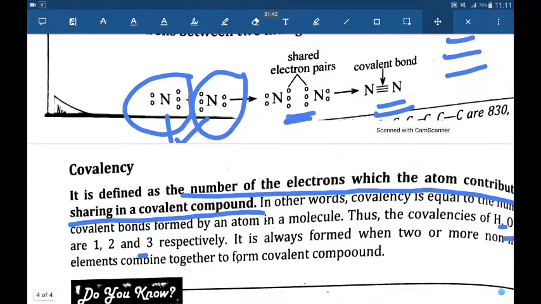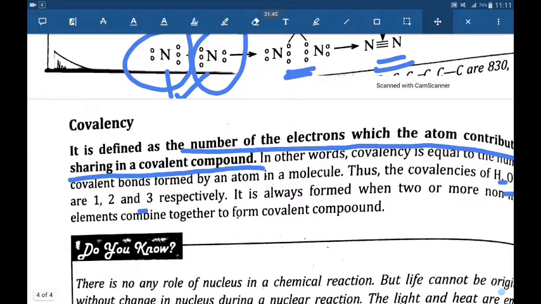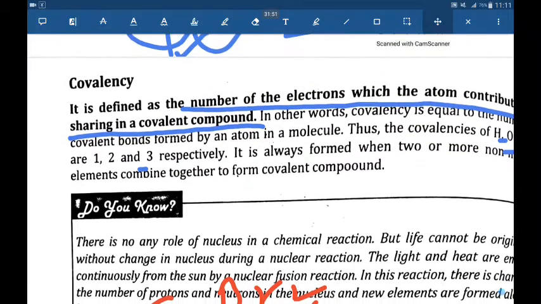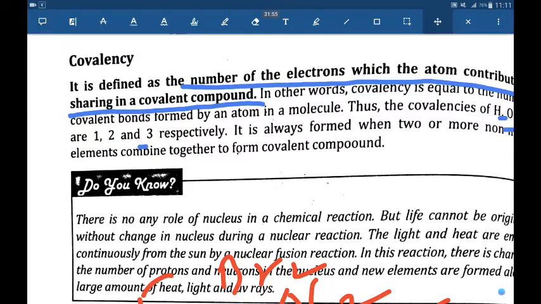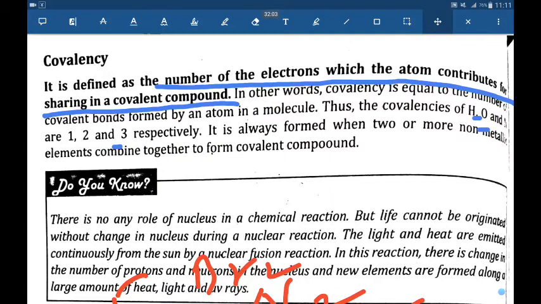Next question. Define covalency with one example.